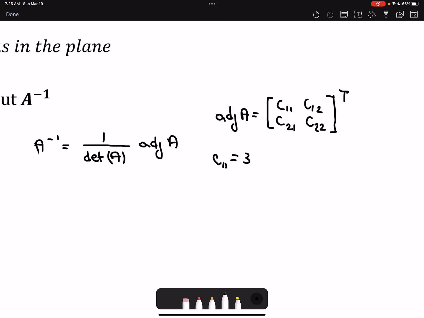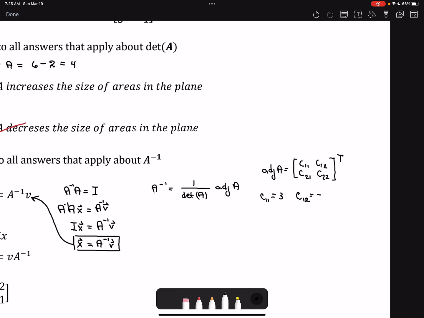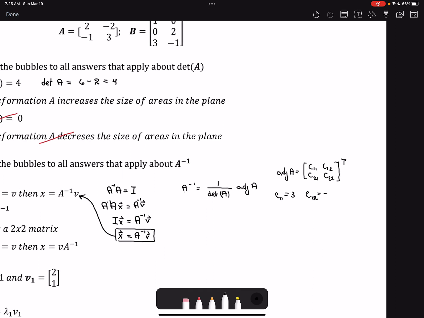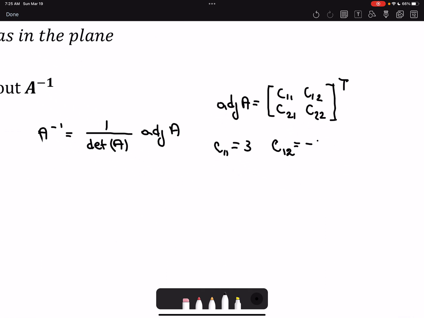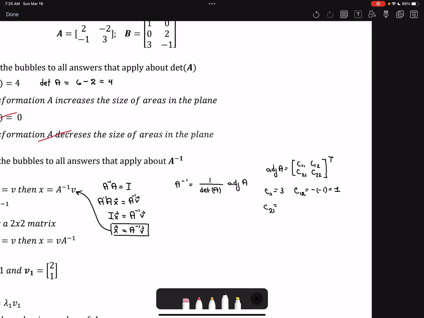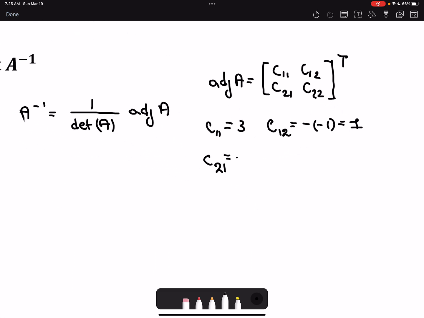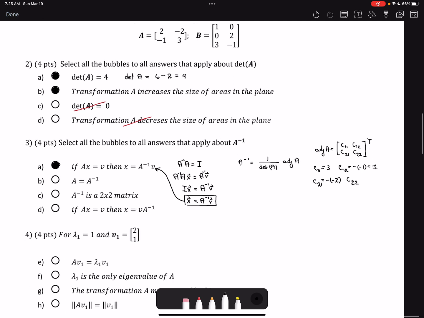Then for C12, I notice that the subscripts add up to an odd number, so it's going to have a negative in front, and this one's going to be -1, so this is going to be 1. Then C21 is going to be -2, and I notice it has to have a negative in front. And then C22 is going to be 2.